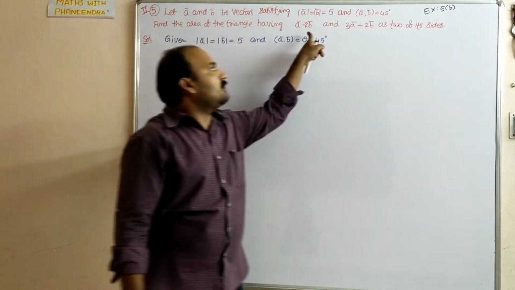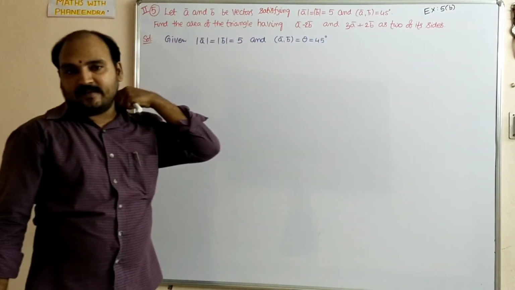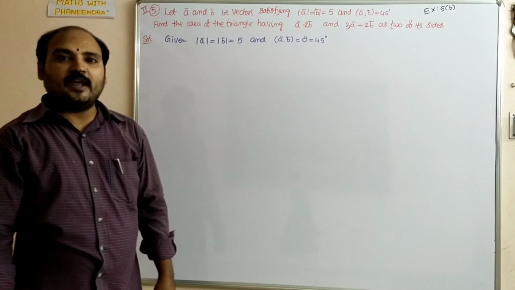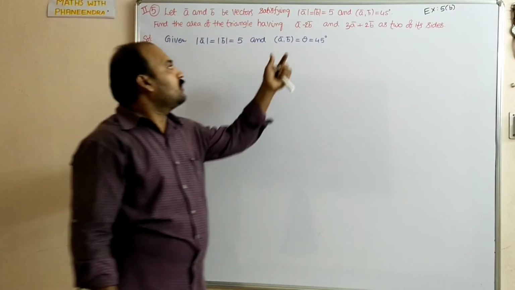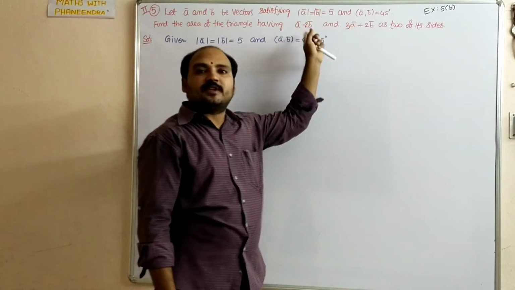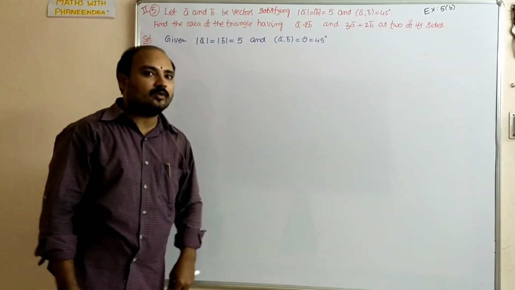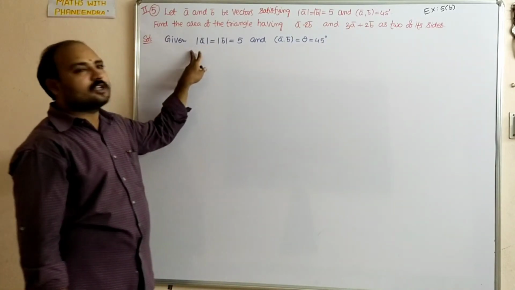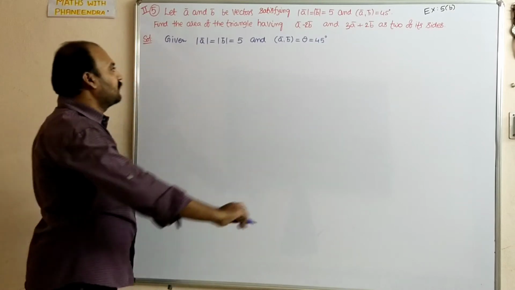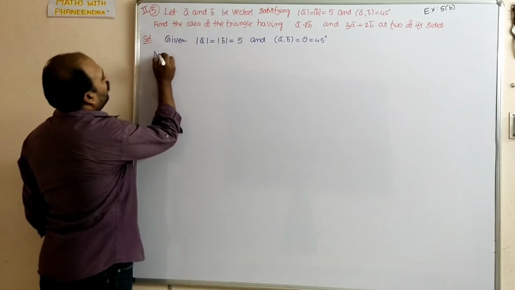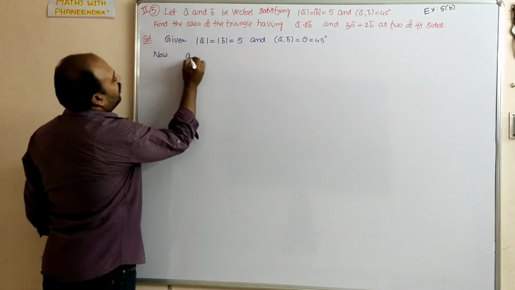Two sides of the triangle are given, whose area is half into the cross product of these two sides. So cross product only, no? So we need to calculate A bar cross B bar when we know these values.